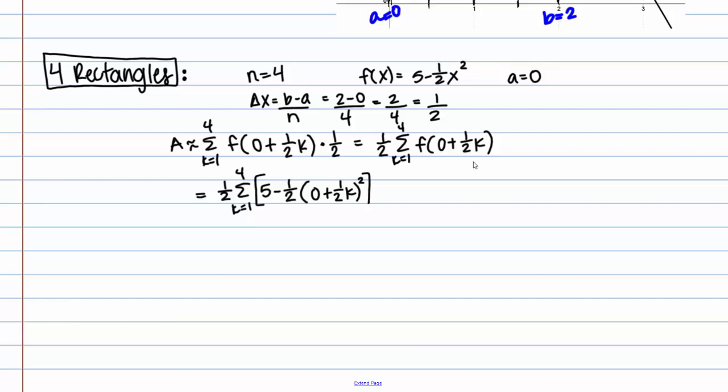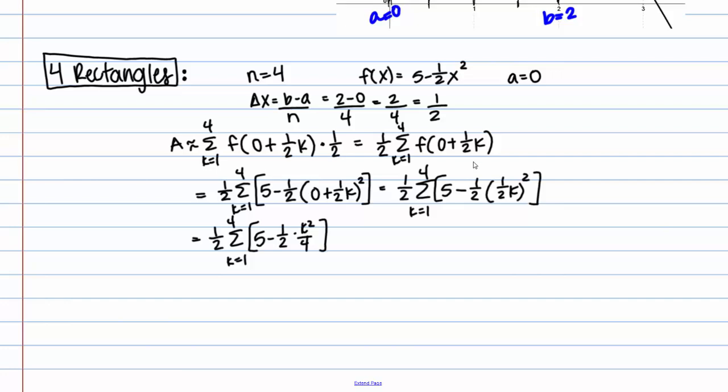Now if I clean that up a little bit, we've got 5 minus 1/2 times the quantity 1/2 k squared. And we keep going here. 5 minus 1/2, and if I actually square this, that's going to give me k squared over 4.